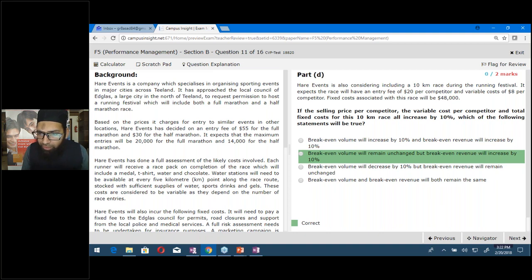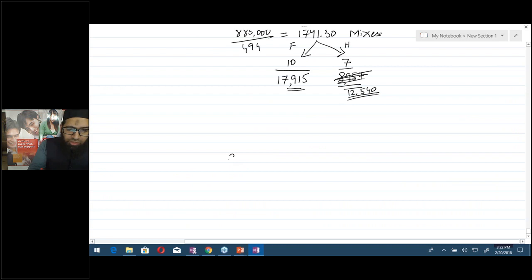Its selling price will be $20, the variable cost is 8, and the fixed cost is 48,000. He has asked me that if all of these costs and income increase by 10%, what will happen to the break-even point? In such a situation, there is a current situation and a proposed situation.